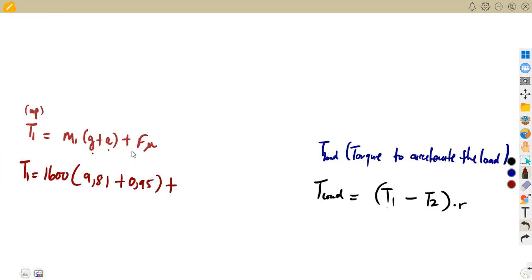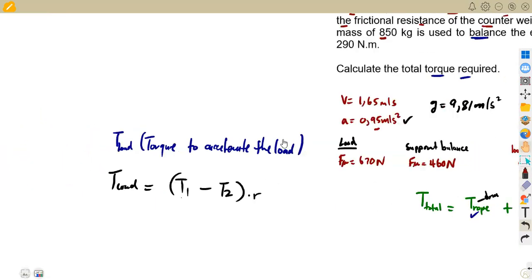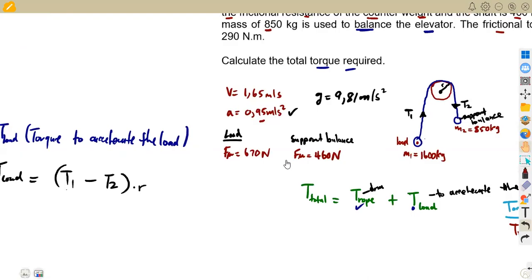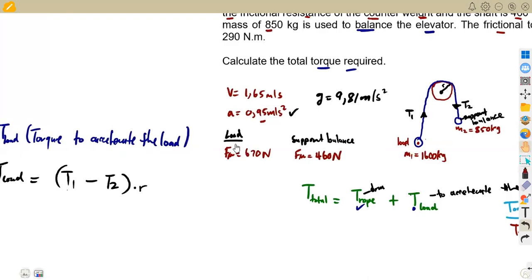Then here, be careful. Remember, I talked about these two frictional resistances that we have. We are talking about the frictional resistance that is affecting the load, the one that is going up, because here we are given two frictional resistances, the one for the load, as I explained, and the one for the support balance. So we are calculating T1, which is affecting the load. So we are going to use the frictional resistance that is affecting the load, which is 670.